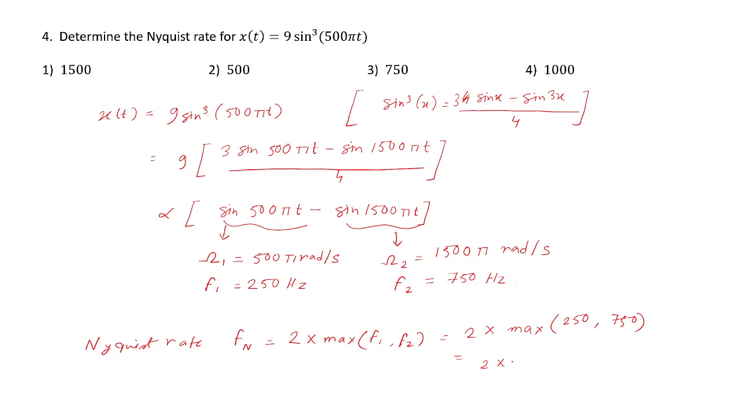That is, you choose the maximum of them, 2 times 750, you get 1500. So your answer is basically this one.